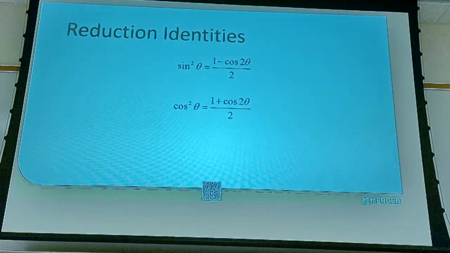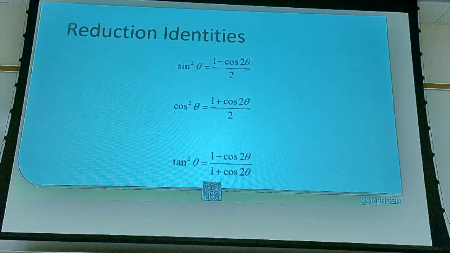Cosine squared theta is 1 plus cosine 2 theta all over 2. And tangent squared of theta, just sine squared over cosine squared, so 1 minus cosine 2 theta over 1 plus cosine of 2 theta.